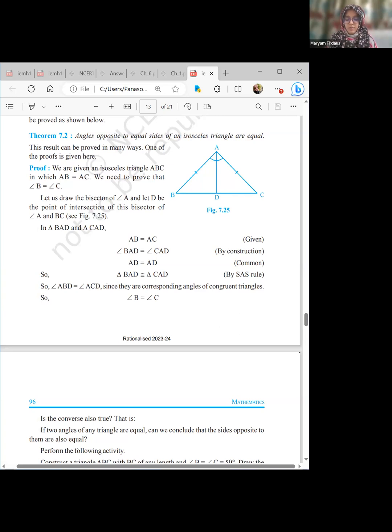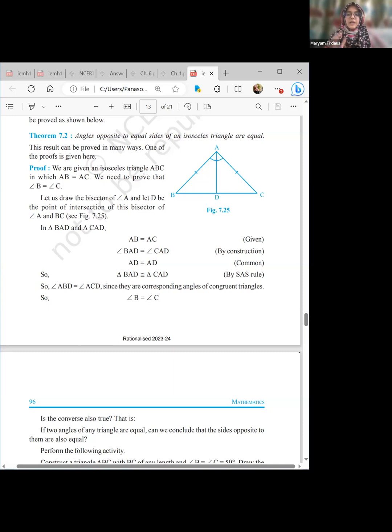Construction: draw a median from vertex A. Who will tell me what a median is?